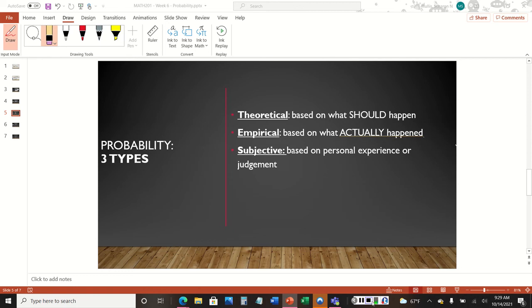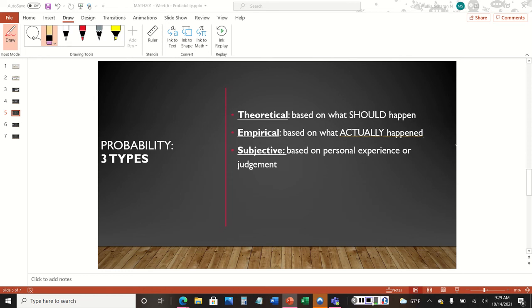So based off of your experience in the past, you know that once you get a cold, sleep's not really happening for you. So you're just going to subjectively say there's a 70% chance that I'm not going to get good sleep tonight. So that's the third type.